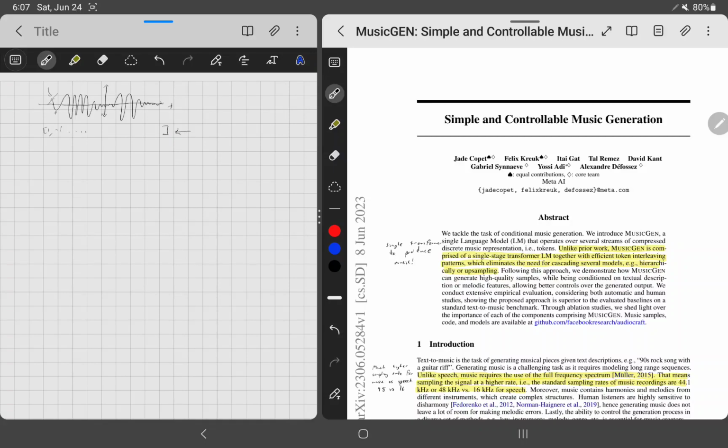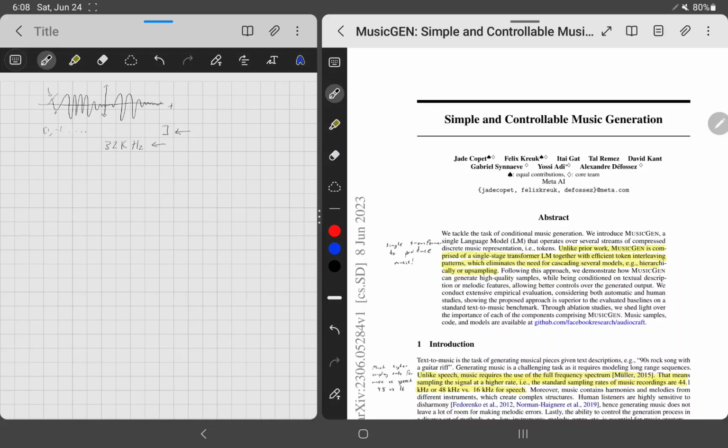If you listen to music, the sampling rate is something like 32,000 hertz, which means to get 1 second of audio, you have to have a vector of size 32,000, which is massive. And doing anything with a vector that big is very, very annoying. But that's just for a second.